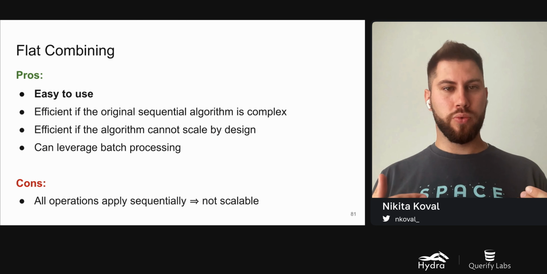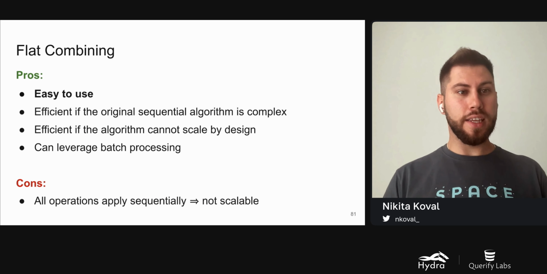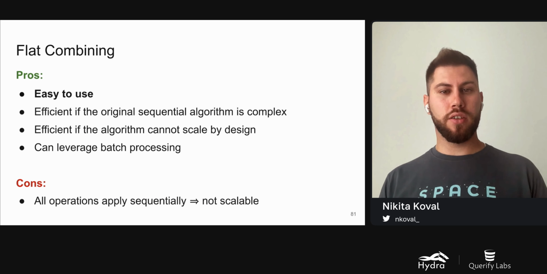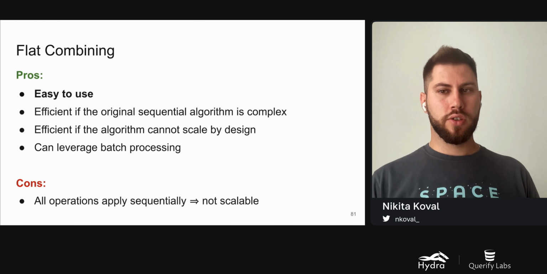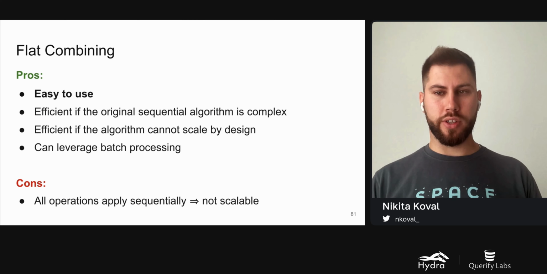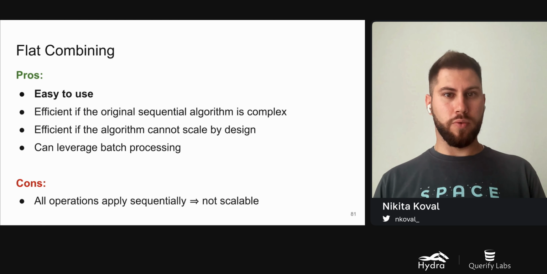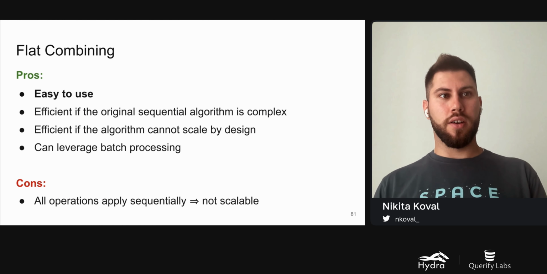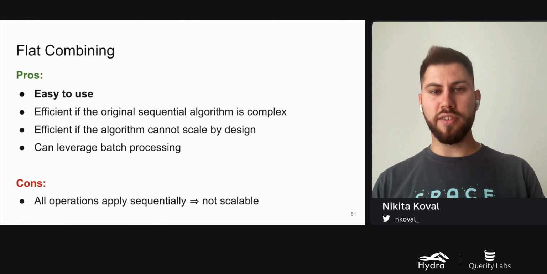To sum up the flat combining technique, it's really easy to use because once you implement it, you can apply it to any data structure. So you can make any sequential algorithm correct in the concurrent environment because we use the global mutex to synchronize the threads.